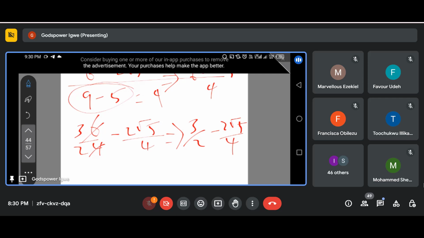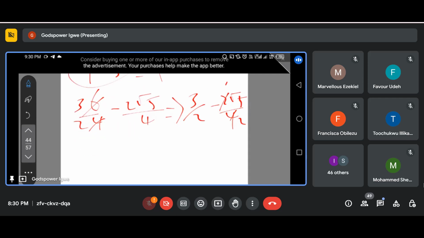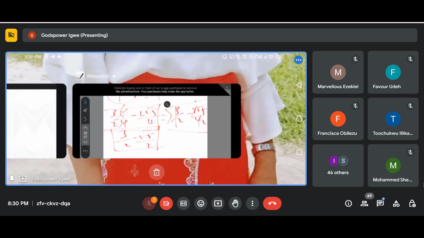Sometimes they may even cancel this one too and leave it as 3 over 2 minus root 5 over 2. Anyhow you see the answer, you should be able to know which one is the answer among these. So that's that.